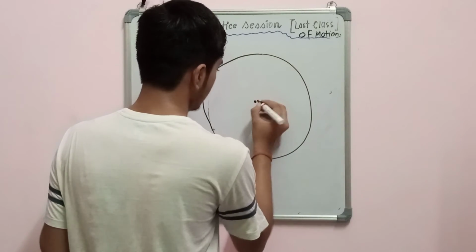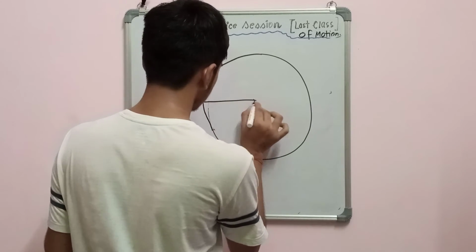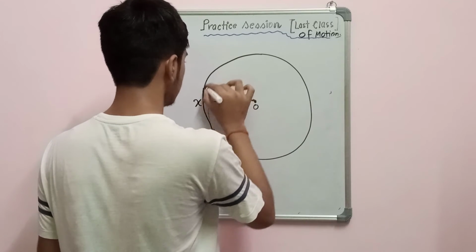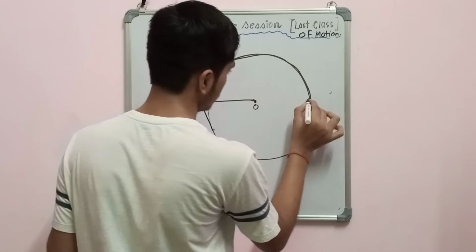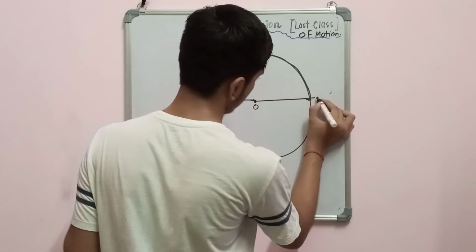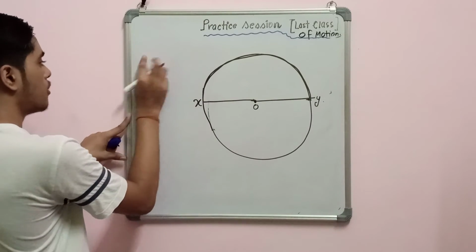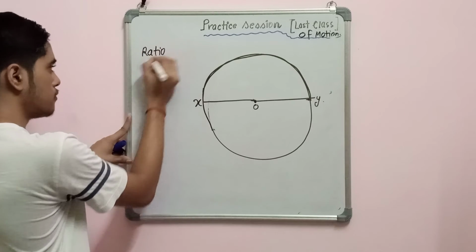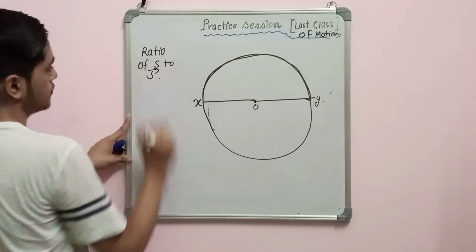Now this is its center O, and from here a body goes from this point X and covers half the circumference and goes to Y. Now I have to find the ratio of distance to displacement.